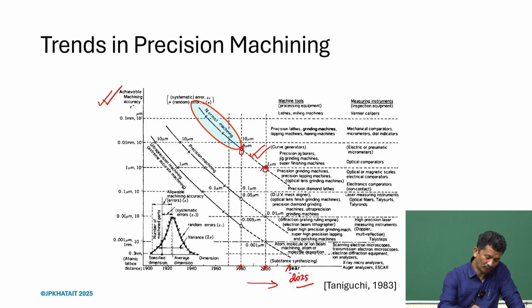If we go in the same way, in 2025 the achievable machining accuracy even for normal machining is of the order of 0.1 micron. So something which was 5 micron in 1980 with normal machining is now 0.1 micron.